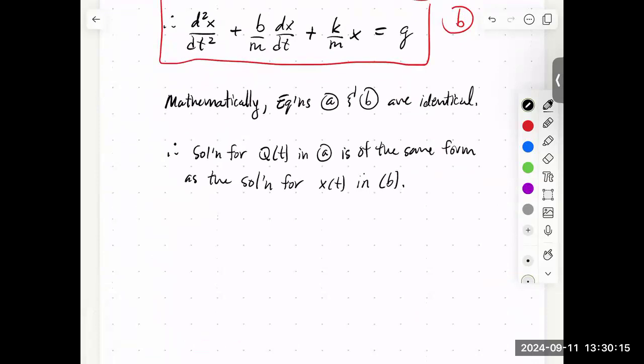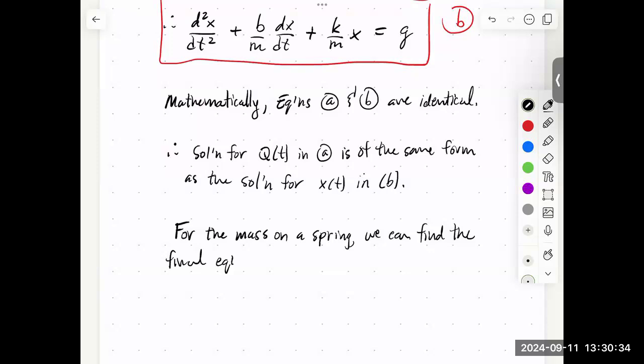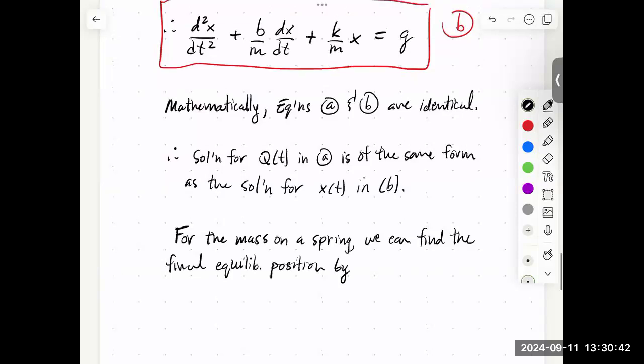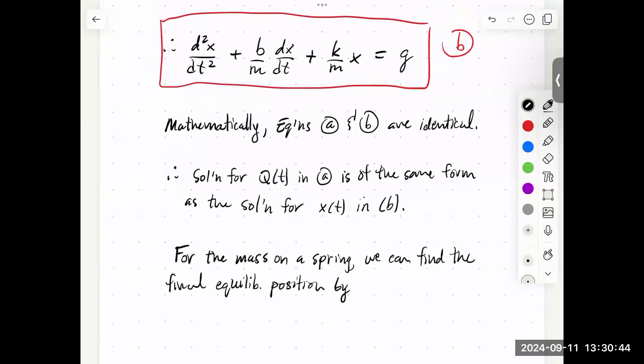So let's go back and see if we can push this a little bit further. For the mass on a spring, we can find the final equilibrium position. Let's think about this for a second. What's going to happen to the mass a long time after we release it?